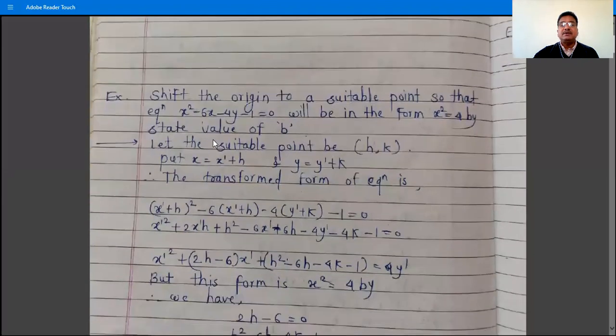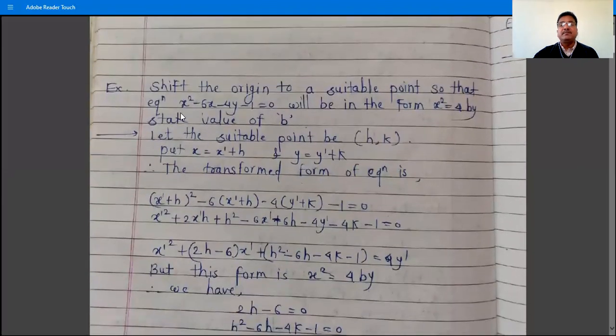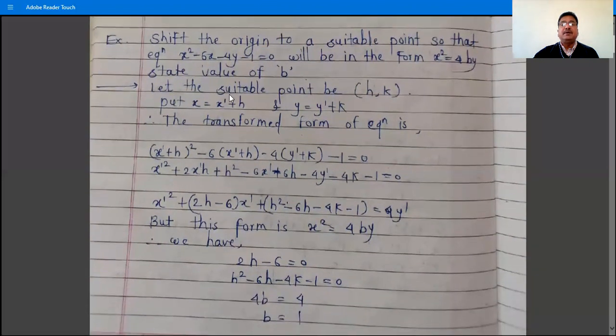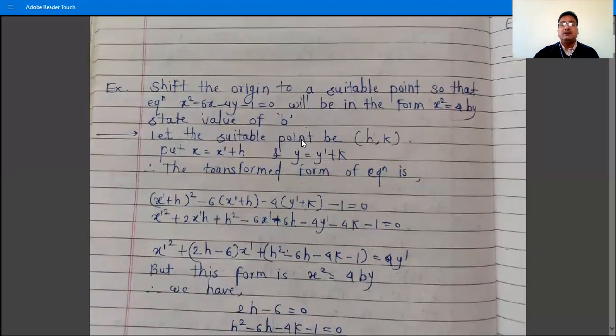The next example: shift the origin to a suitable point so that this equation will be in the form x^2 = 4by. State the value of b. So let the suitable point be (h, k). We have to find that point, the origin, such that if we shift the origin to that point, then this equation transforms to this form.